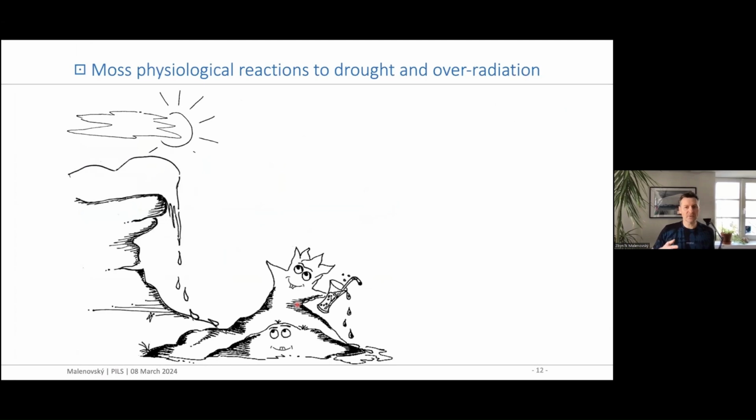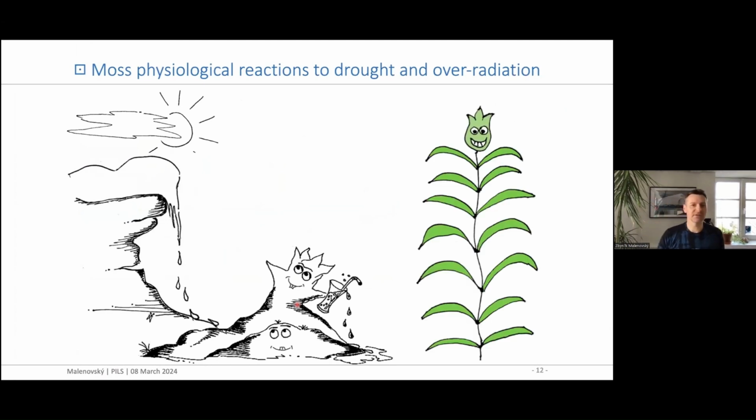Now, before we do any remote sensing of this phenomenon, so mapping these stresses, we would like to understand how we should approach it and what the best indicators of those stresses are. And then we have to go back to the physiology of the moss and somehow learn how they react to the stresses.